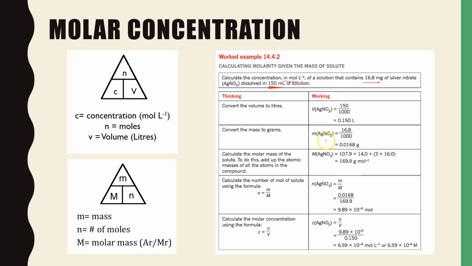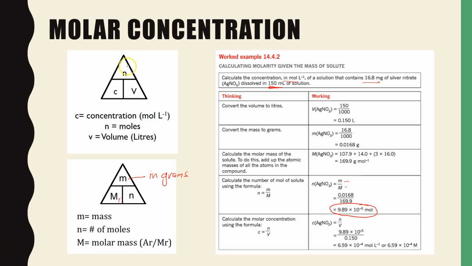Then we convert the mass, which here's our mass, that must be in grams. So we're using this formula triangle. We know that our mass divided by our molar mass is equal to our moles. Before we can divide our mass, we need to convert it into grams. Now we calculate the molar mass of silver nitrate, and we divide the mass by the molar mass, which gives you the amount in moles of silver nitrate in that particular sample.